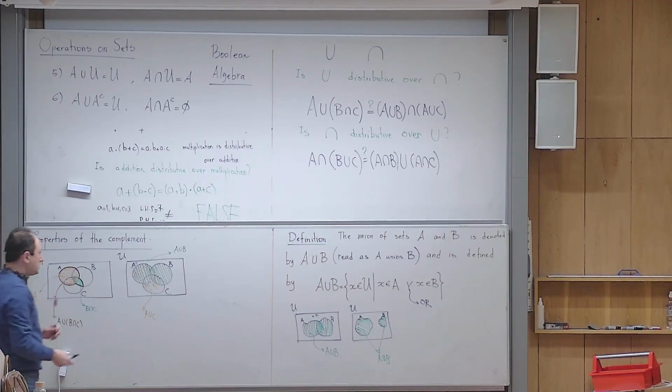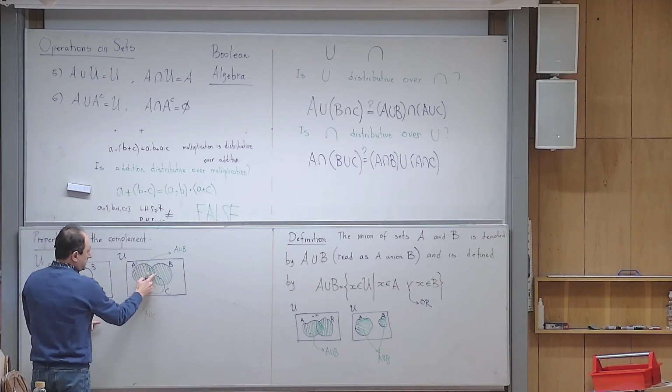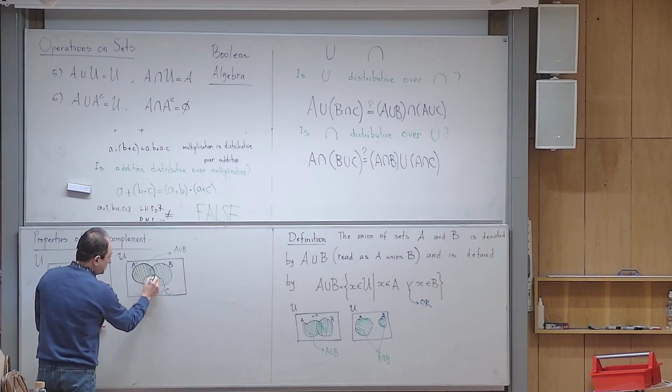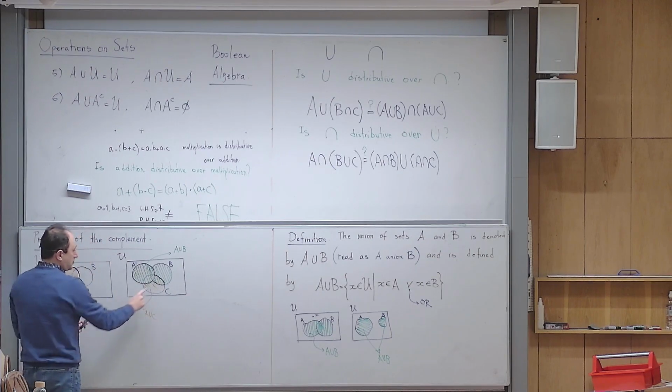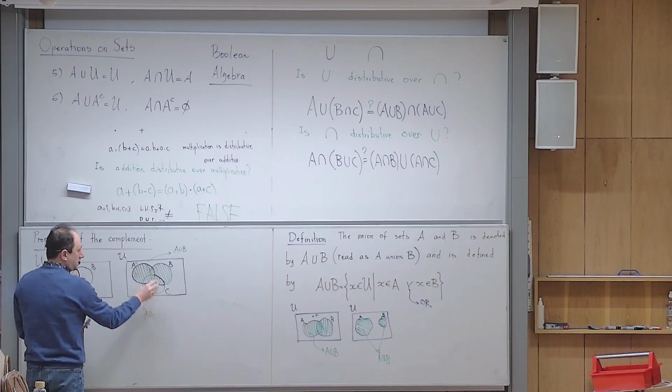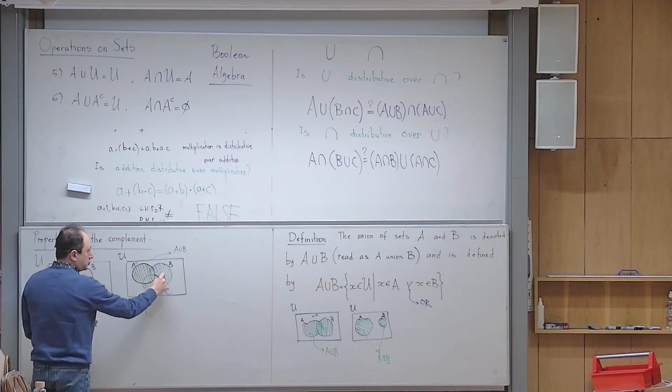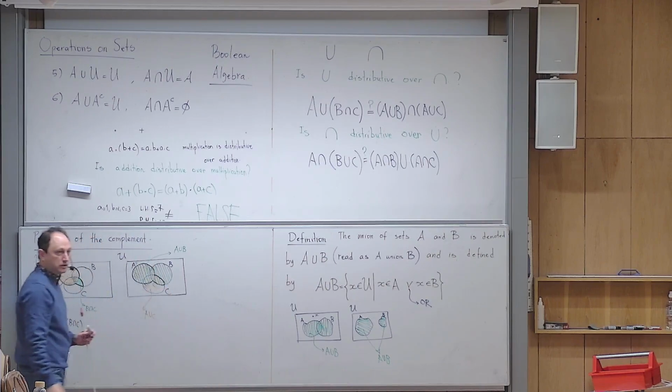This part contains two colors, and this is also containing two colors. But then you see this part also contains two colors. Yes, it's not a very good picture, but hopefully you understand what I mean. I am not allowed to include this part inside the border because it contains only one color. I am not allowed to include this part because it contains only one color.